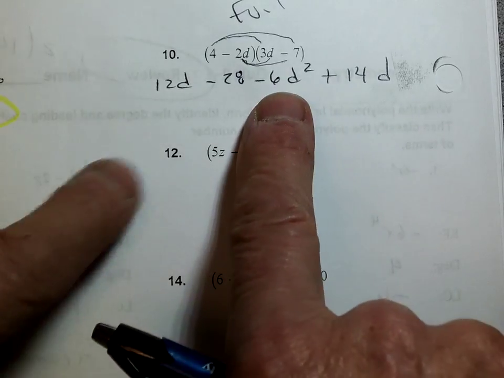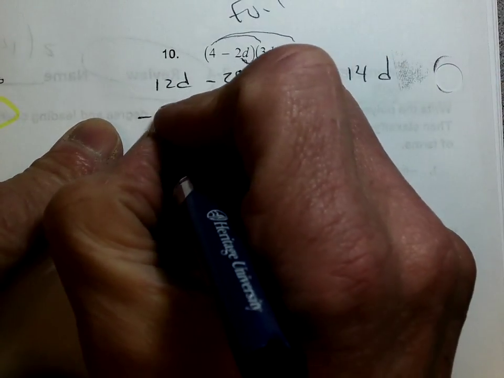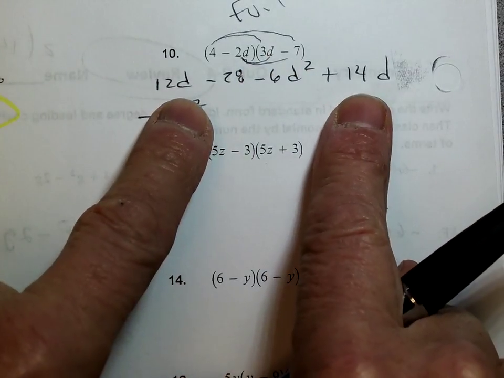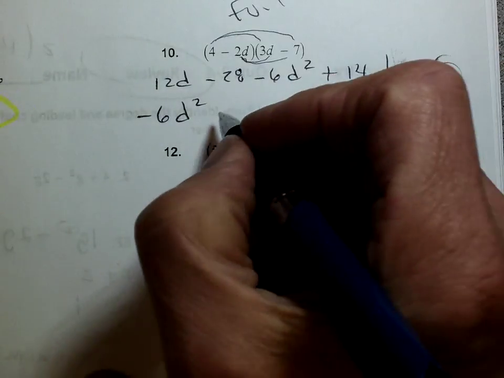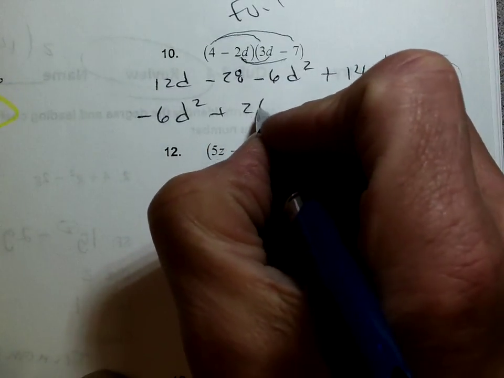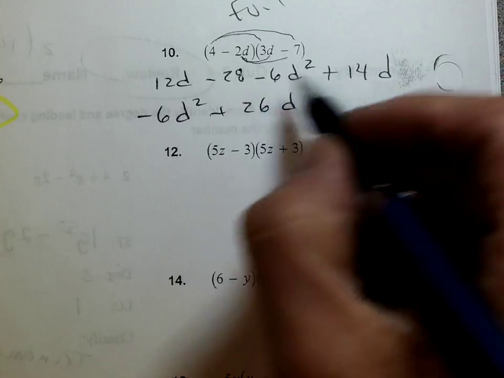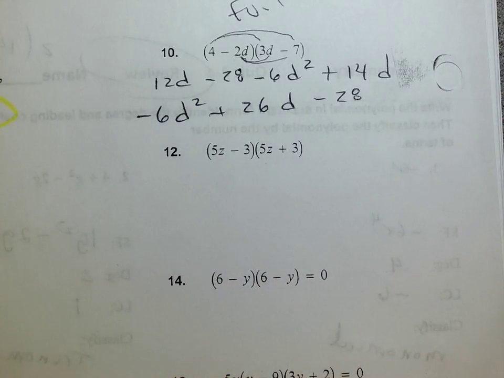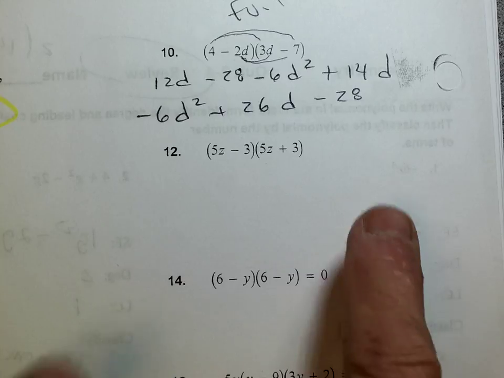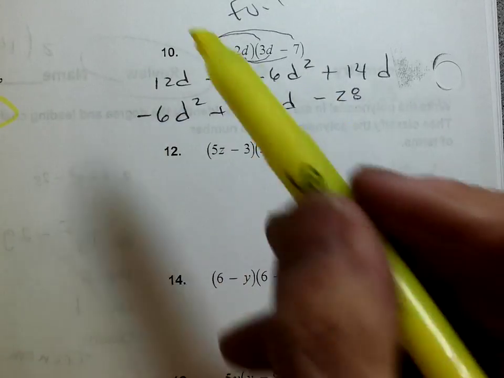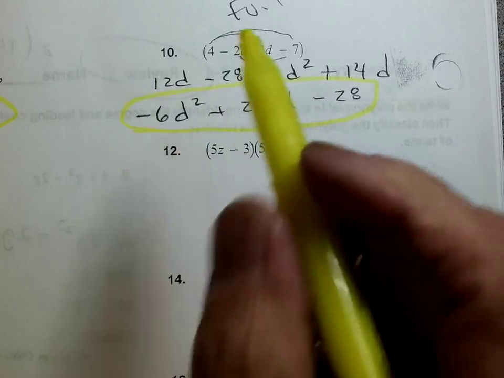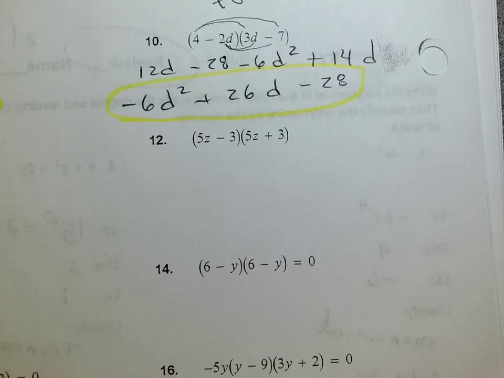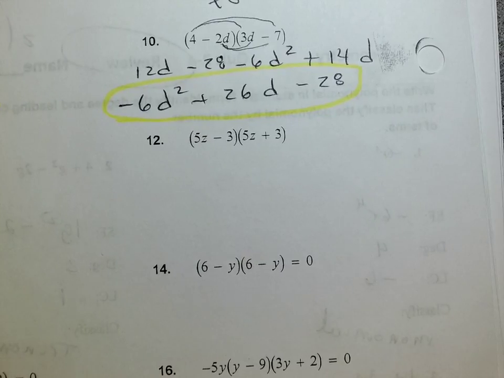So, here's my negative 6d squared first. 12d plus 14d makes a positive 26d minus 28. Okay? So you combine the d's to make the 26. All right? Thumbs up so far? Okay, good.